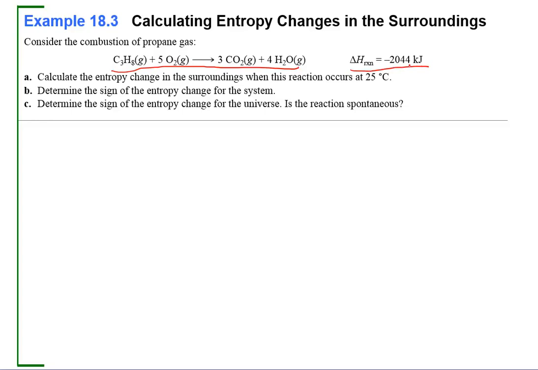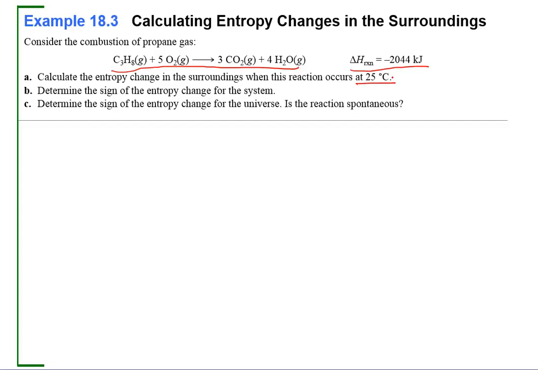The first one, calculate the entropy change in the surroundings when this reaction occurs at 25 degrees Celsius. So we are given our temperature here as 25 degrees Celsius. The second problem, determine the sign of the entropy change for the system. The third problem, determine the sign of the entropy change for the universe.